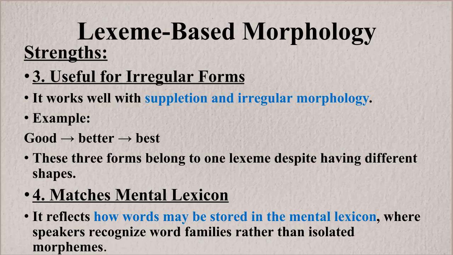This approach aligns well with that cognitive storage system, where related word forms are linked together rather than treated as completely independent entries. In short, it reflects how words may be stored in the mental lexicon, where speakers recognize word families rather than isolated morphemes. So overall, Lexeme-based morphology helps us understand both irregular word patterns and how words are actually organized in the human mind.